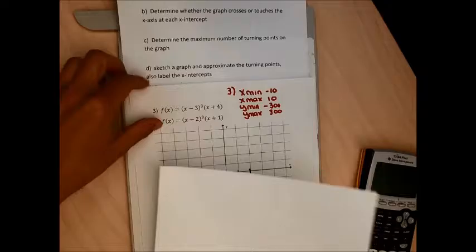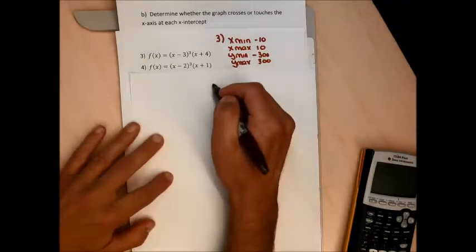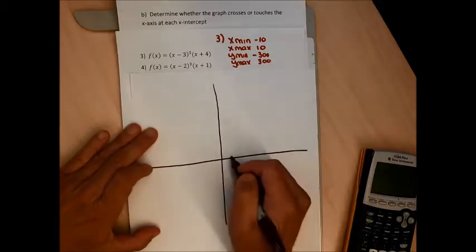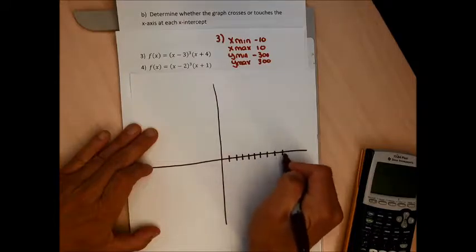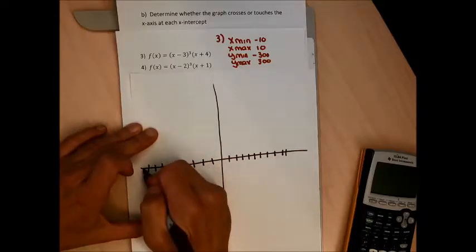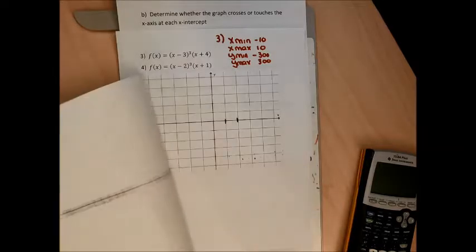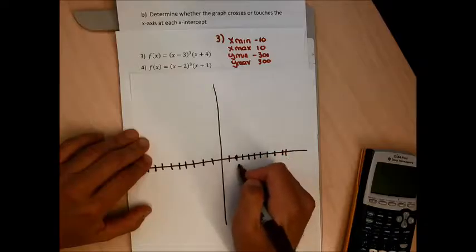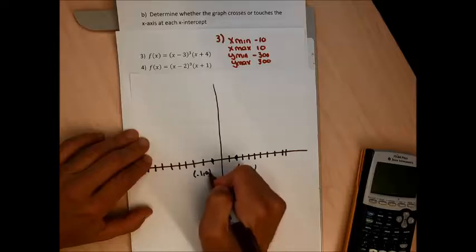I'm suggesting for your graph a window of −10 to 10 on the x's and −300 to 300 on the y's. 7, 8, 9, 10, and 1, 2, 3, 4, 5, 6, 7, 8, 9, 10. There's my −10 to 10 on my x's, and I need to plot the points (2, 0) and (−1, 0), which are the 2 x-intercepts that I computed.